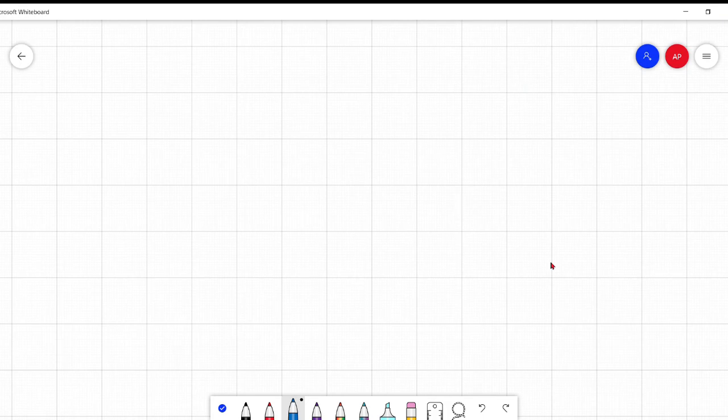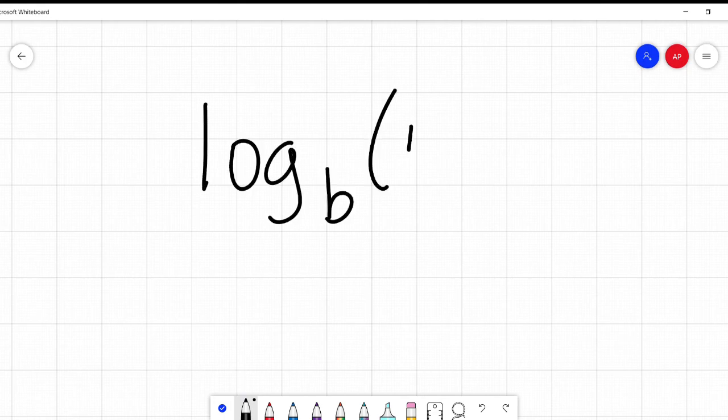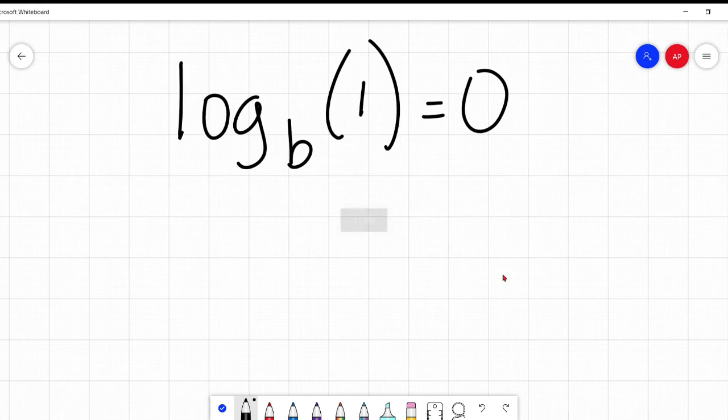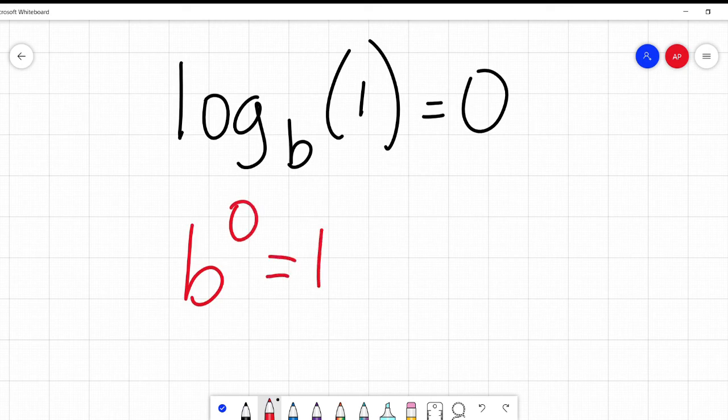All right, so our next rule on the list is this one. Now this one, if we think about it, is an "oh, duh, of course" kind of moment. Because what it's saying is b to the power of 0 equals 1.